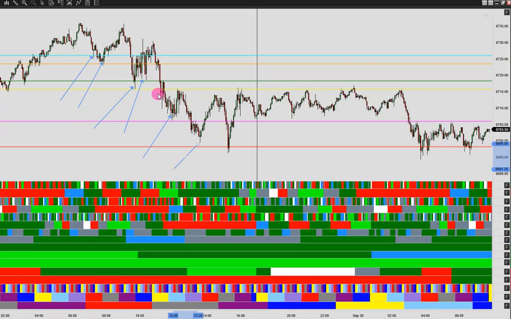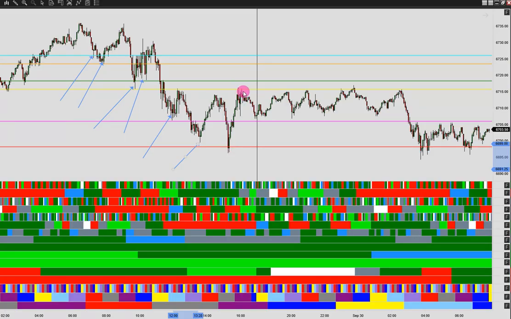Then the market continued down, broke through, went right down to the magenta line, reacted back to the yellow line, and then finally broke through that and went down to the red line, retraced back up, and then came to a touch and could barely close below the red line before a significant move back up to the yellow line.